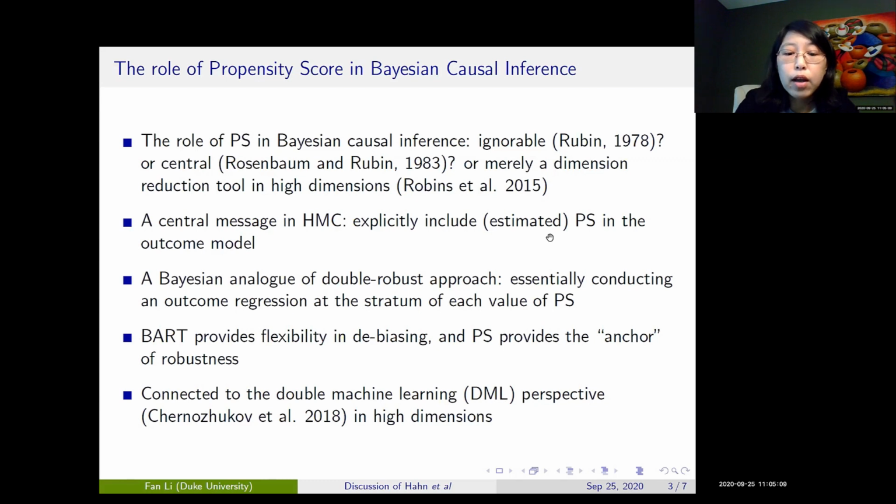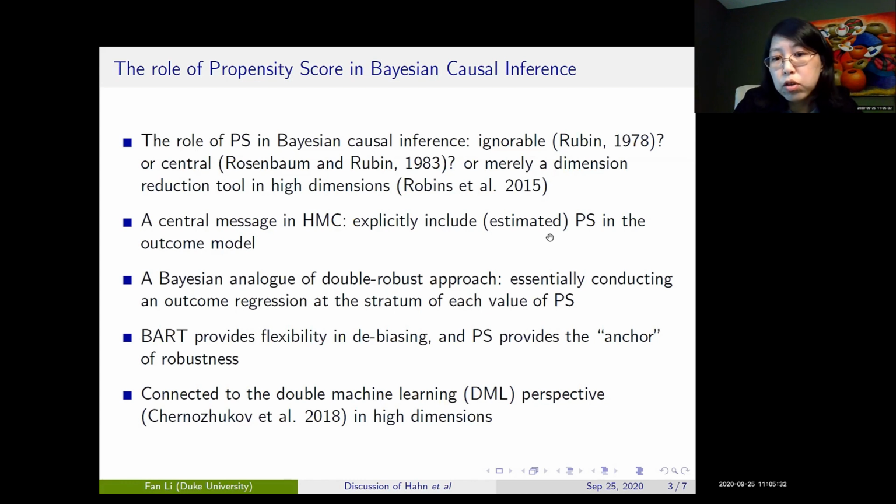Their idea is to include the propensity score as an additional covariate predictor, rather than the single covariate, as Rubin earlier suggested. In some sense, their method can be viewed at a very high level as a Bayesian analog of the double robust approach.